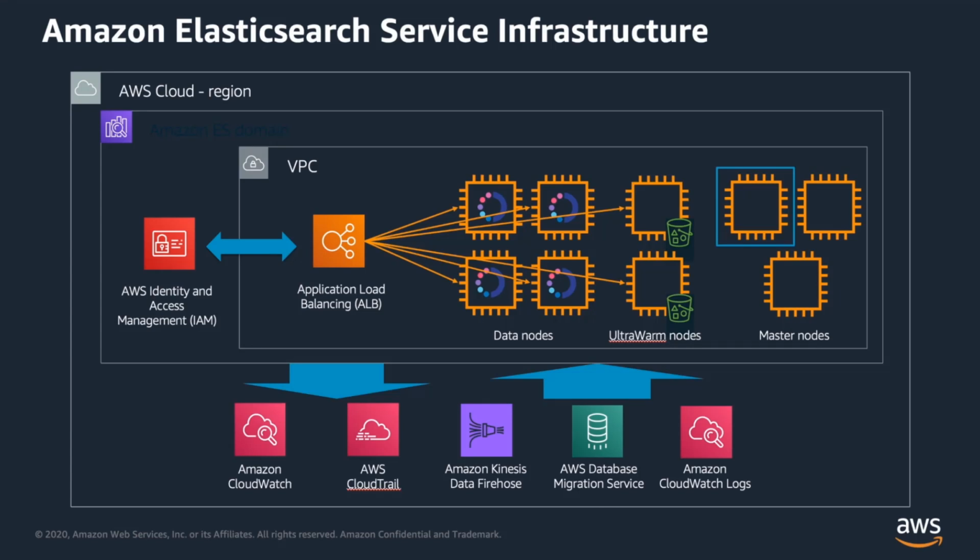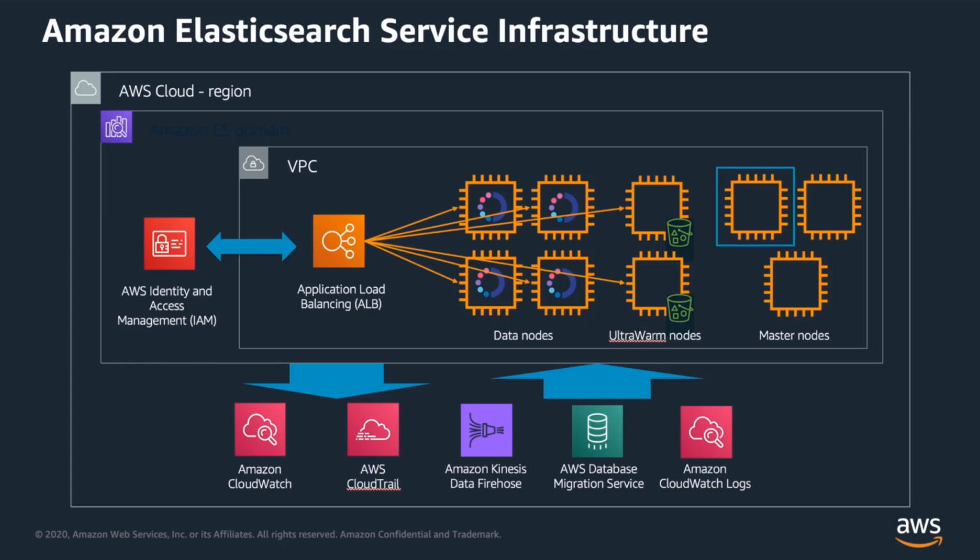Now, in order to ingest data into your Elasticsearch cluster, you can use the built-in integrations. For example, you could stream log data straight into your cluster from your containerized applications by having a sidecar with Fluentd or FluentBit that are streaming the logs into Amazon Kinesis, and then from there with Kinesis Data Firehose, you could land your data into your Elasticsearch cluster.